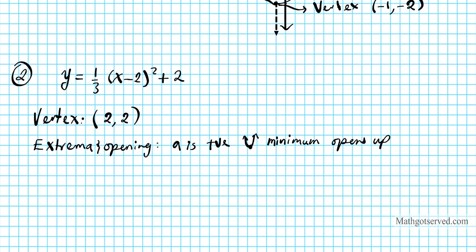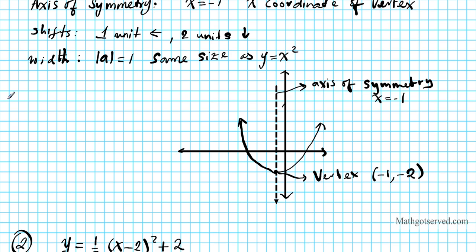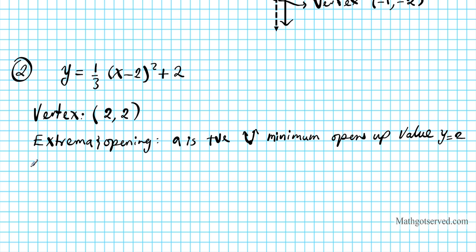And the value of the minimum is going to be y equals 2, because that's the y coordinate of your vertex. Next, we're going to take a look at the axis of symmetry. The axis of symmetry is the x coordinate of your vertex. The axis of symmetry is x equals 2.